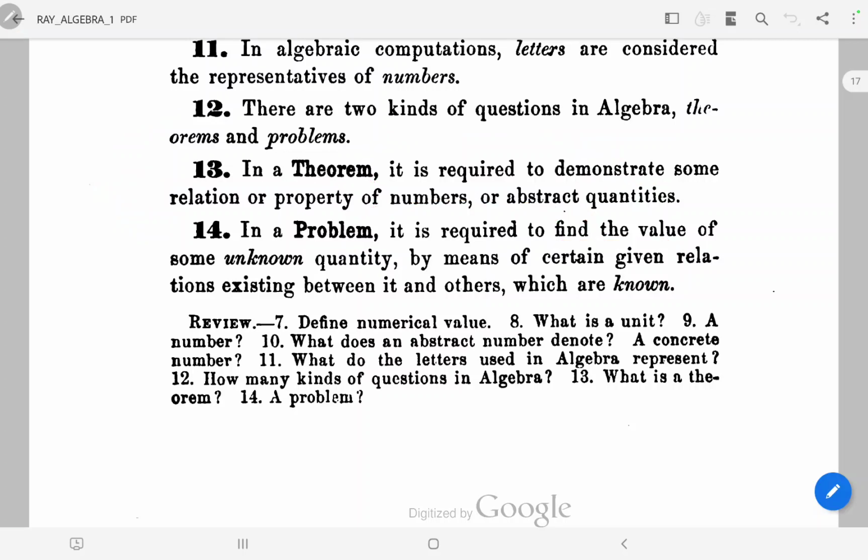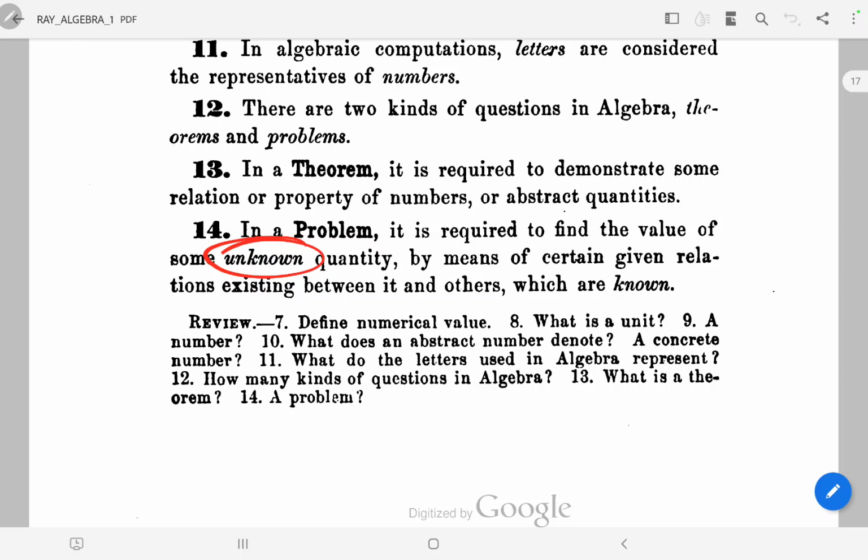Now, let's look at some of the details here in Article 14, because these are important. In a problem, it's required to find the value of some unknown quantity. How can we possibly find the value of an unknown quantity?